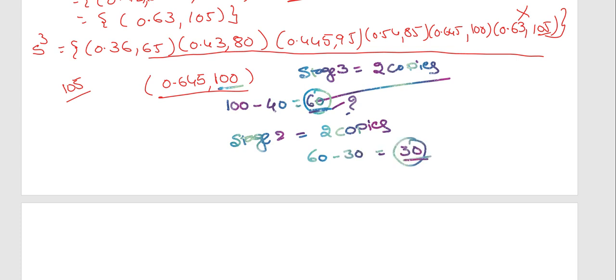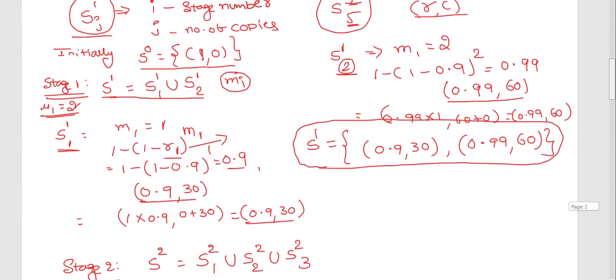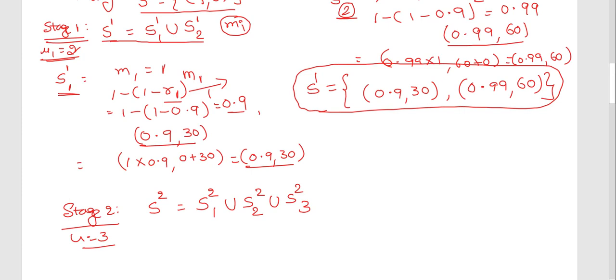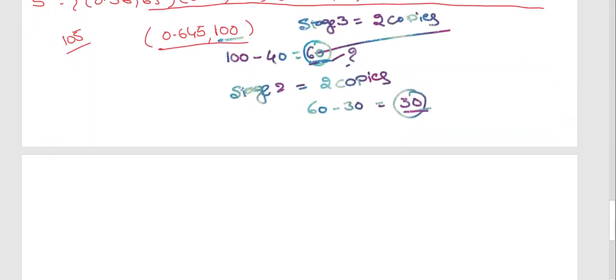Check cost 30 in stage 1. Yes, observe here it is present. It is present at stage 1 with 1 copy. What is the cost of device 1? The device 1 cost is 30. So stage 1 with 1 copy. This is the way. Finally, in the last step we get the value nearest to the given value.